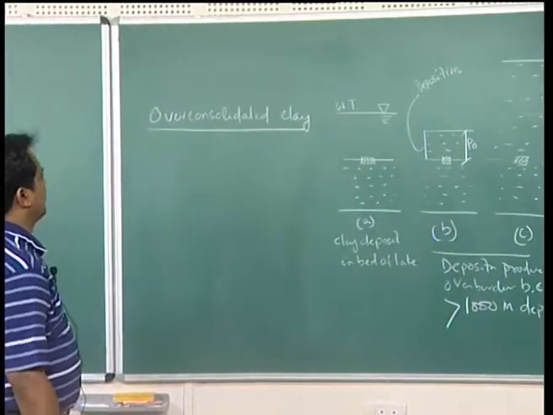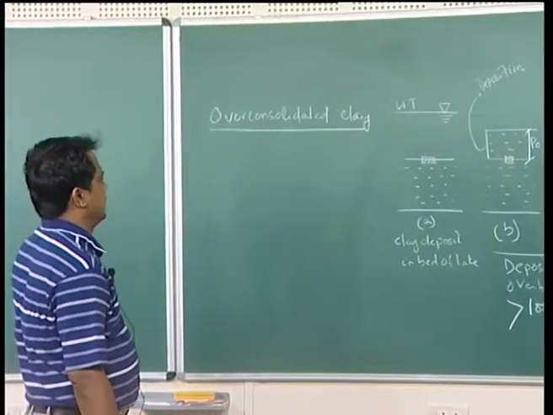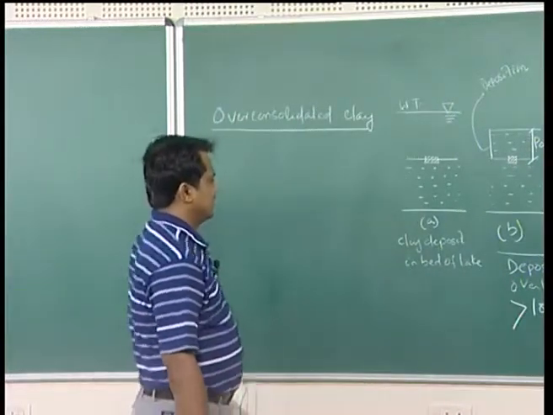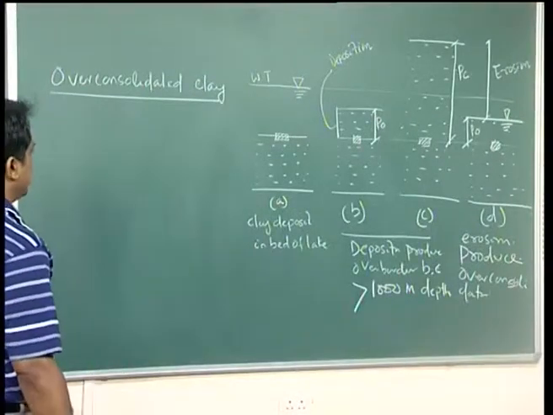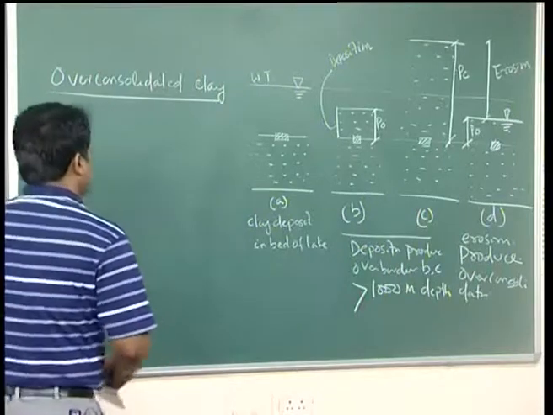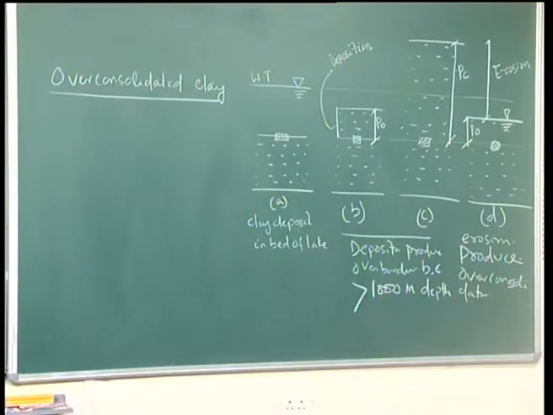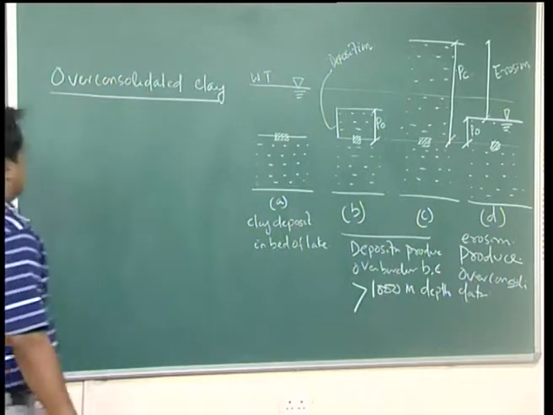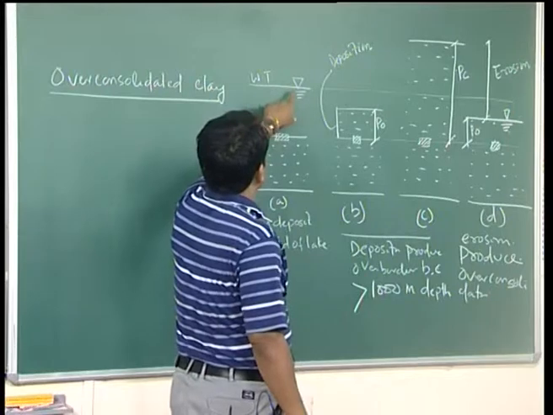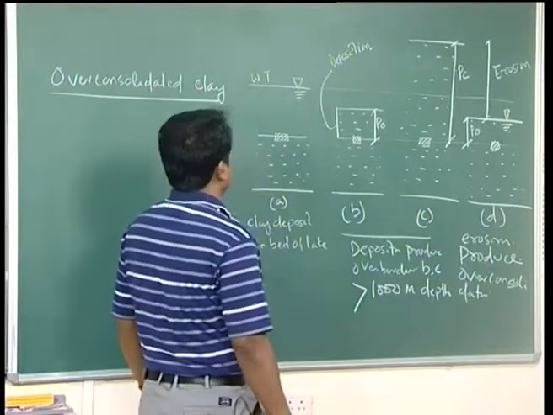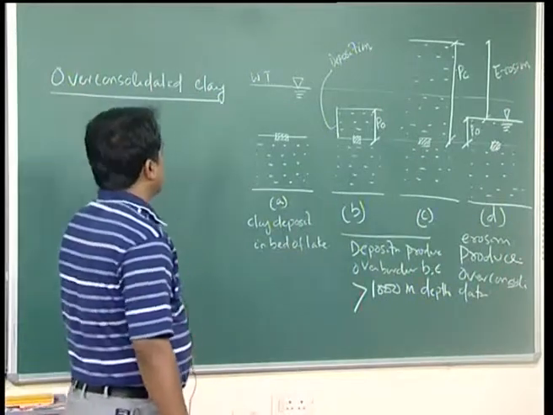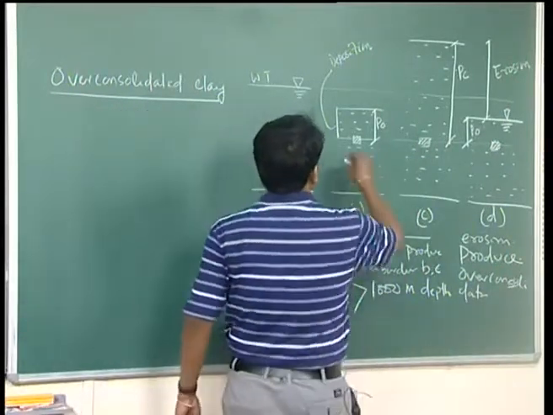Now, over consolidated clay. If I explain this over consolidated clay, this has been drawn A, B, C, D, 4 parts. First, let us imagine this clay deposit in a bed of lake, where this water table is here, part A. Then over the period of time in that bed of lake there is more deposition.